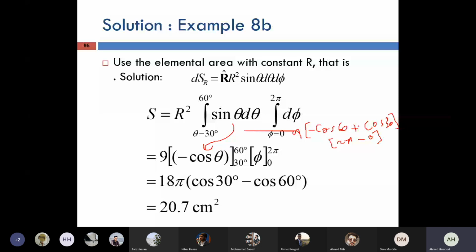Cosine 60 positive cosine 30, or you can see the opposite, cosine 30 negative cosine 60, both are the same. So 2 pi multiplying by 9 becomes 18 pi.